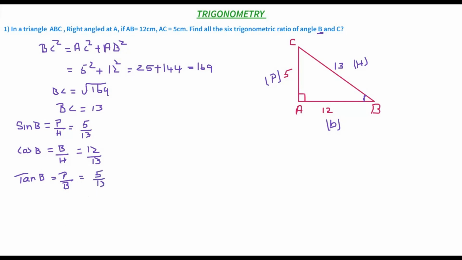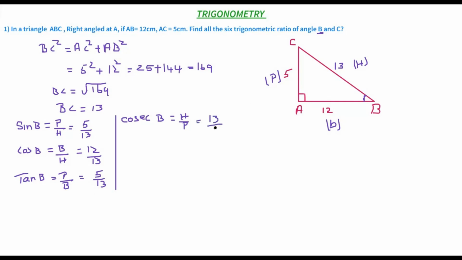Isn't it easy now? Now we have found out sine, cos and tan. So what are the other 3 trigonometrical ratios? Right, they are cosec, sec and cot. So let us do that here. The opposite of sine is cosec. So cosec B is equal to, yes, the reverse of sine. So here we will have hypotenuse by perpendicular, which is just the reverse of that.